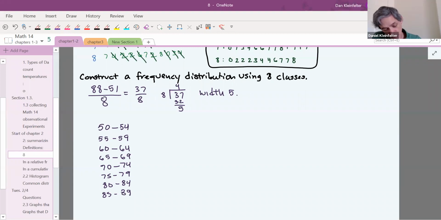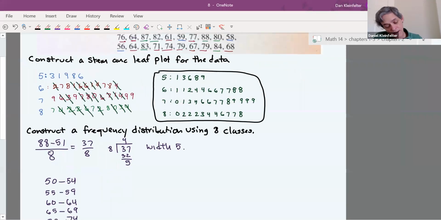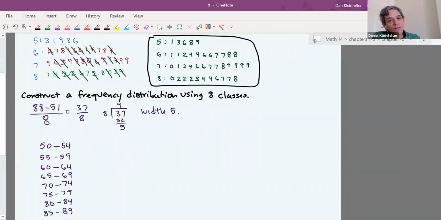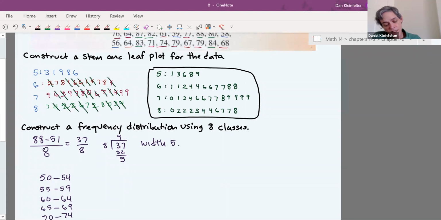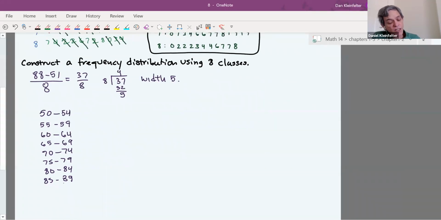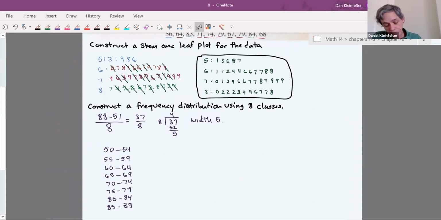All right, so we have 1, 2, 3, 4, 5, 6, 7, 8 classes. And as you can see, our lowest one begins at 50. And so it will be able to include that minimum value of 51. Our highest value was 88, and so that will fit just under the upper limit for our last class. So that's working really well.